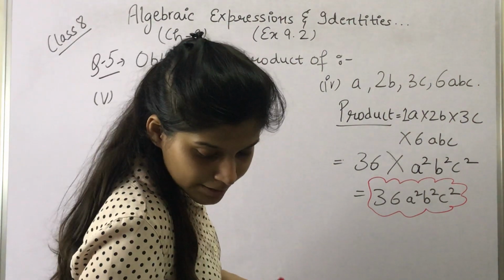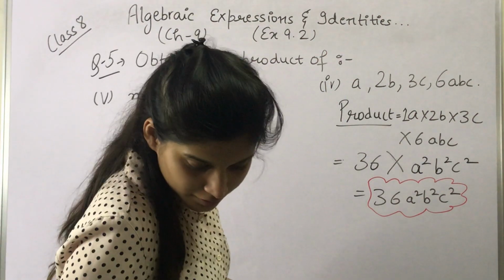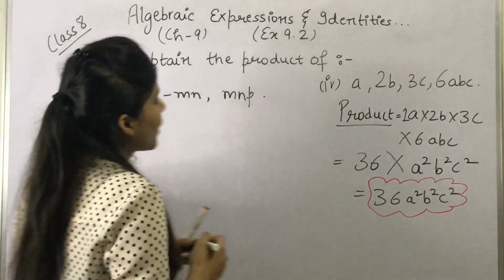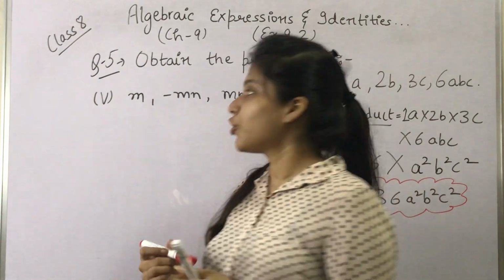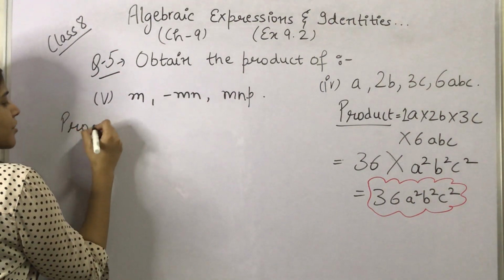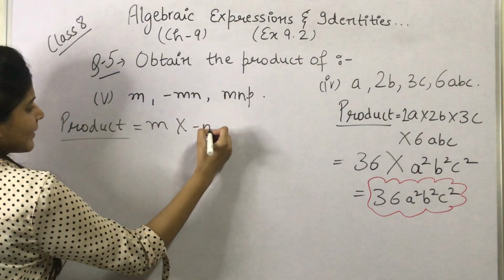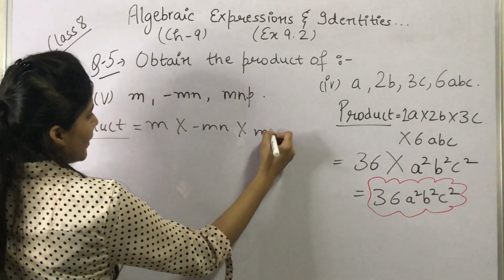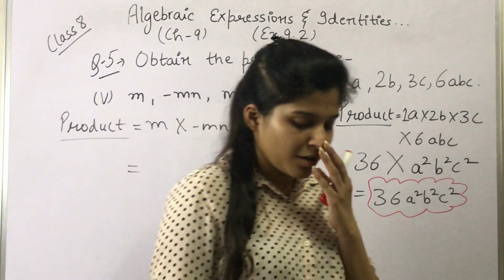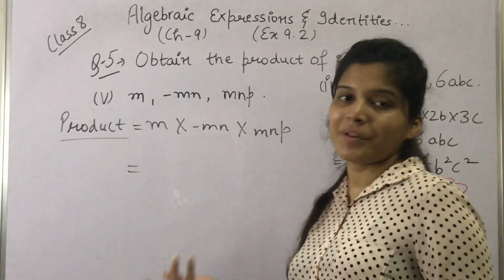Fifth part is m, minus mn and mnp. So this is the fifth part. Now we have three monomial expressions. So the product of these three monomial expressions would be m into minus mn into mnp. So अब इसमें numerals तो हमारे पास है नहीं. So it means हमें numerals तो multiply करने ही नहीं. 1 1 1 है and that would be 1 only.